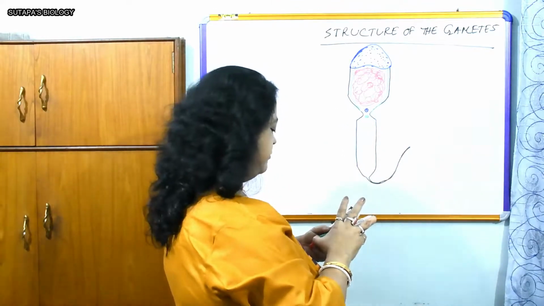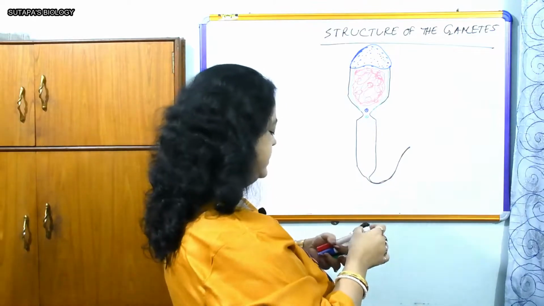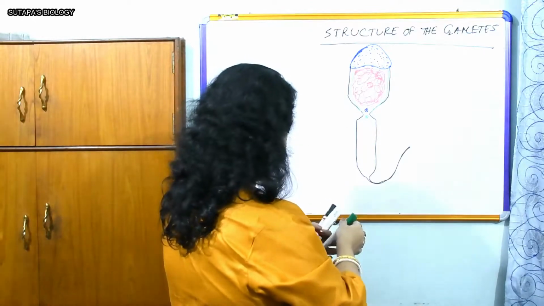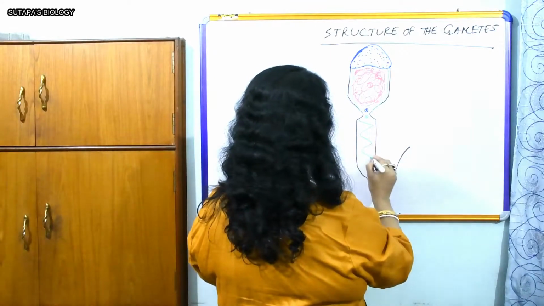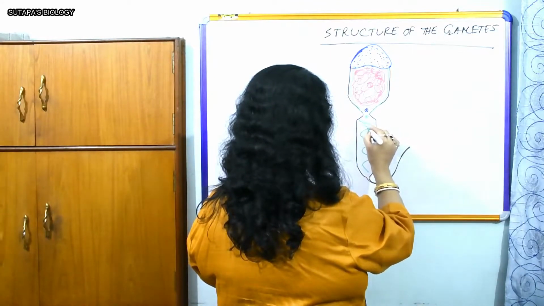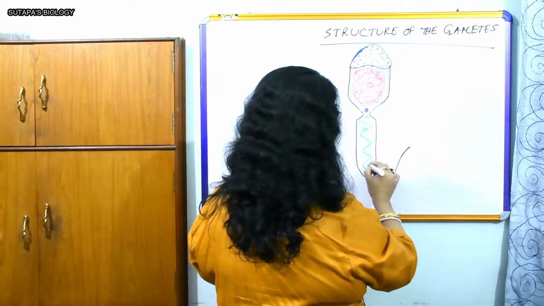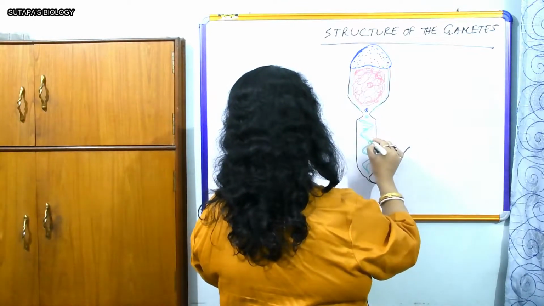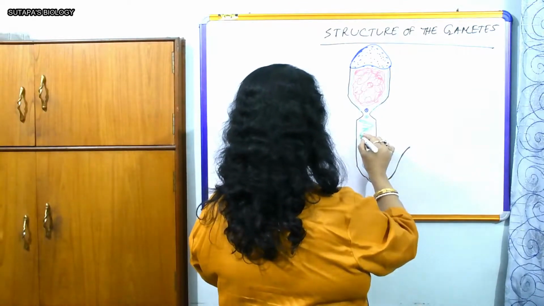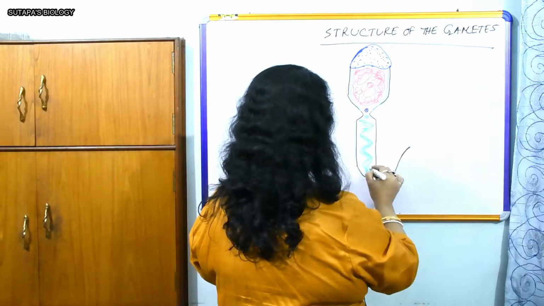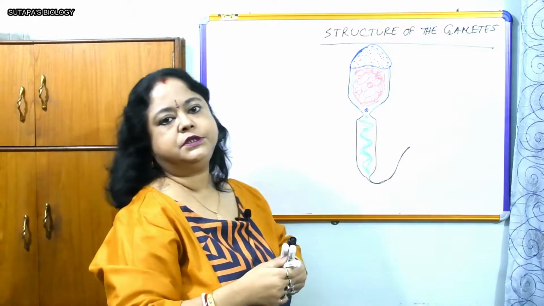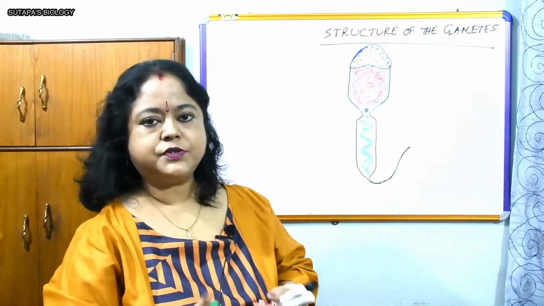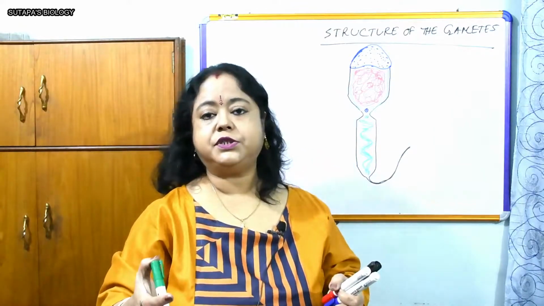After that, a very important thing in the middle piece, that is the ribbon-like mitochondria here, spirally coiled. Very thick association of the mitochondria. So many mitochondria are present here that they coalesce or fuse to form the ribbon-like structure.